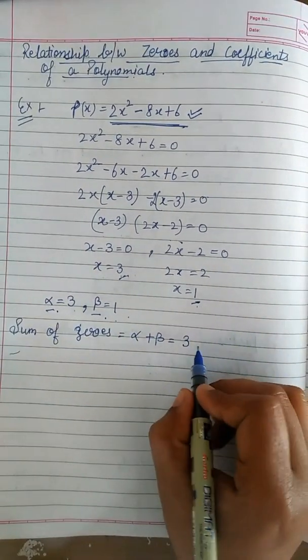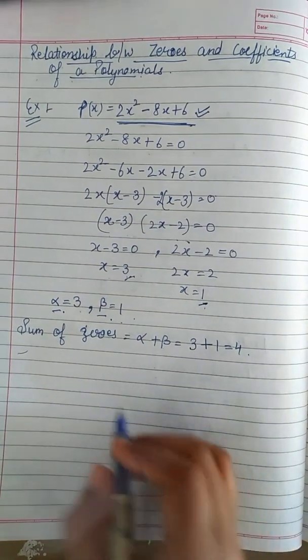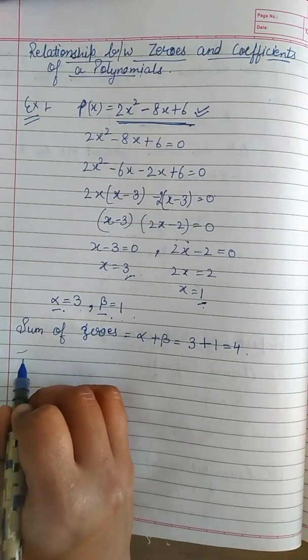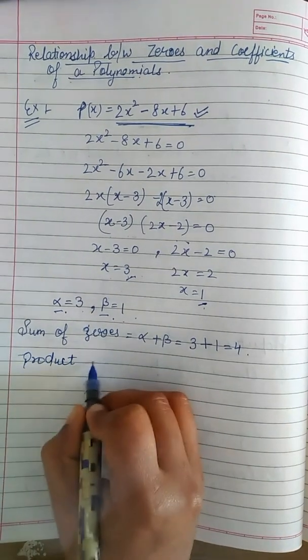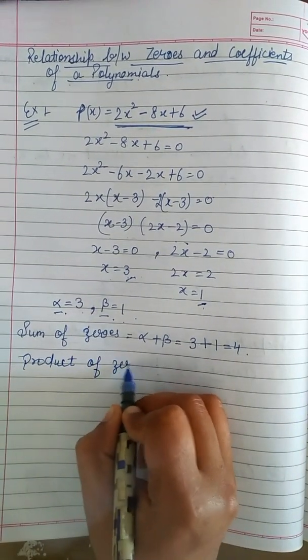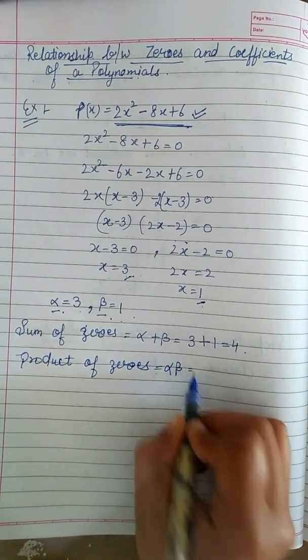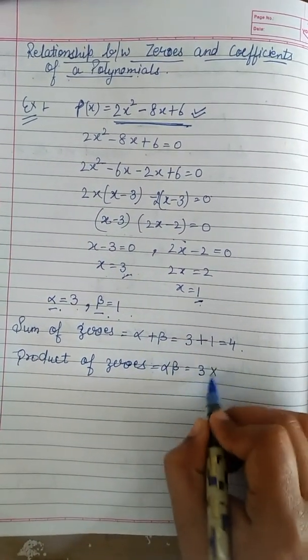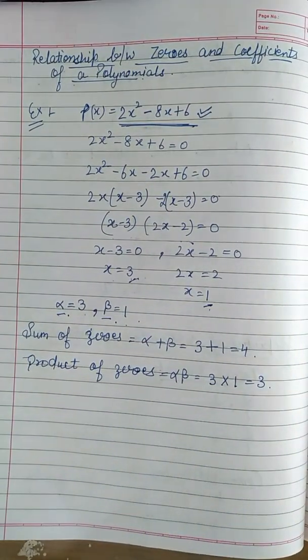What is the value of beta? 1. 3 plus 1 is equal to 4. Now we can find product of zeros. So we find product of zeros, that is equal to alpha into beta. Alpha is 3 multiplied by beta 1, that is equal to 3.